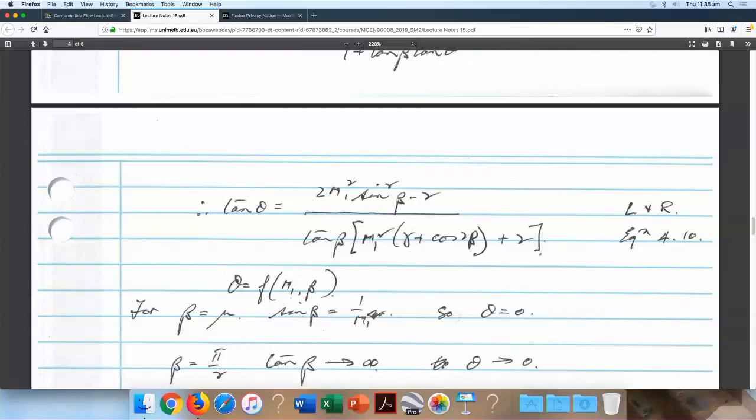If I put sine beta equal to 1 upon the Mach number into here, this 2 minus 2 gives me 0, so tan theta is equal to 0. Whereas for beta equal to pi on 2, tan beta has got to be infinity. Why do I say that?